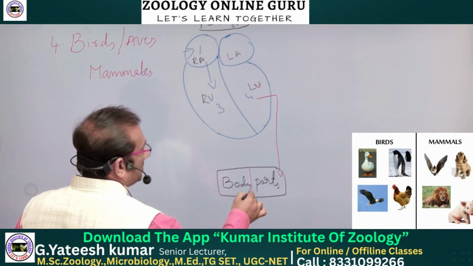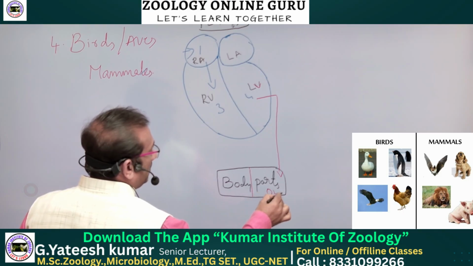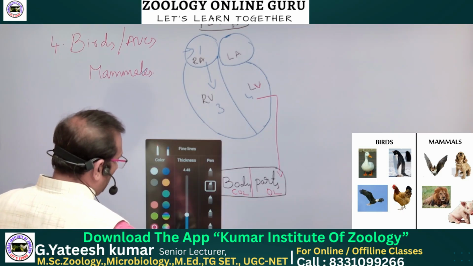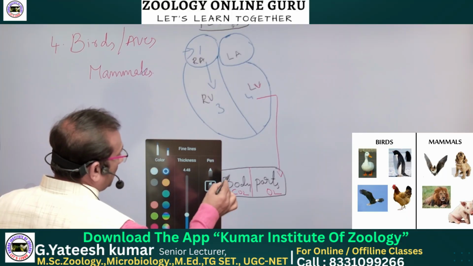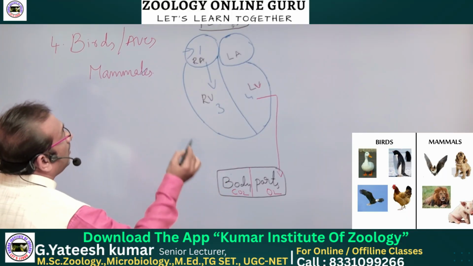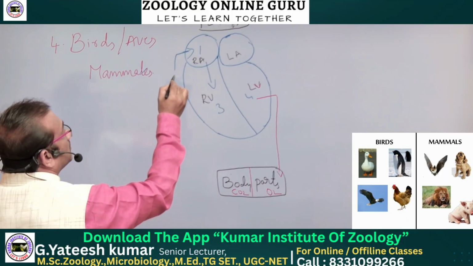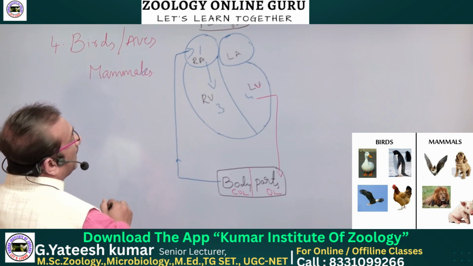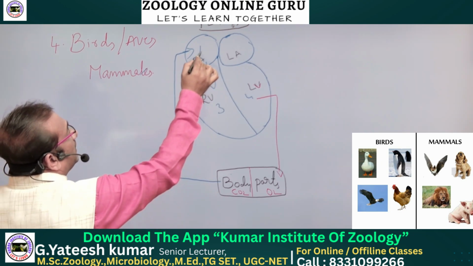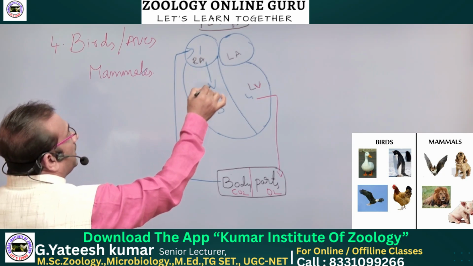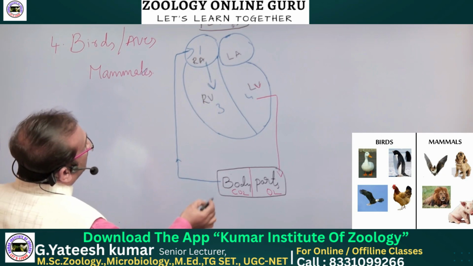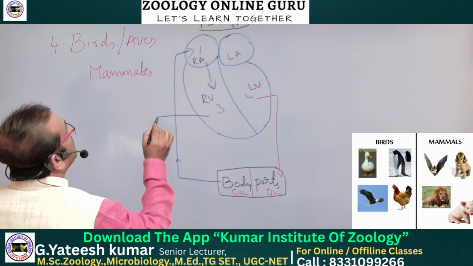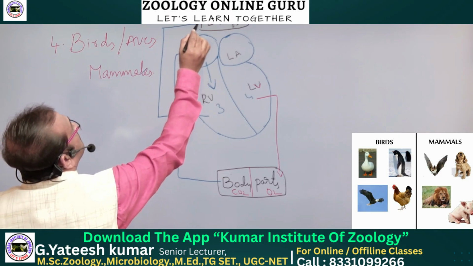In the body parts, the pure blood is converted into impure blood, and the impure blood through the large veins is transported to right atrium. From the right atrium it enters into the right ventricle, and from the right ventricle for purification the impure blood is transported to lungs.